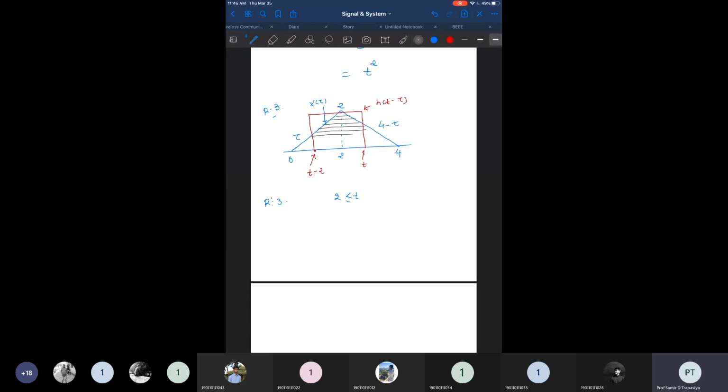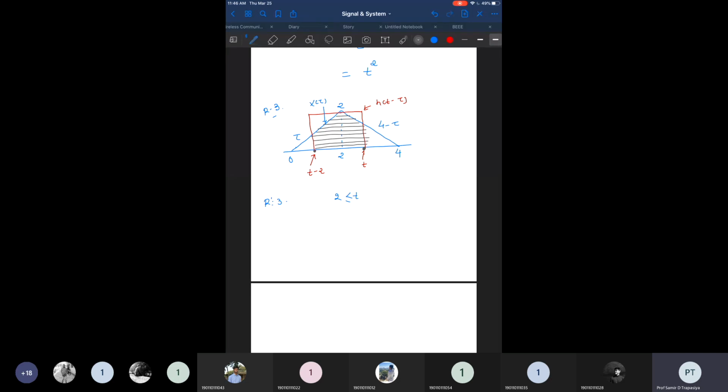But very importantly, we need to consider that some part of the rectangular function is combined with the value of x of tau as the tau function, and the remaining portion of the rectangular function is combined with a different value of x of tau, and that function is 4 minus tau. So some will be combined with 4 minus tau and some will be combined with tau.